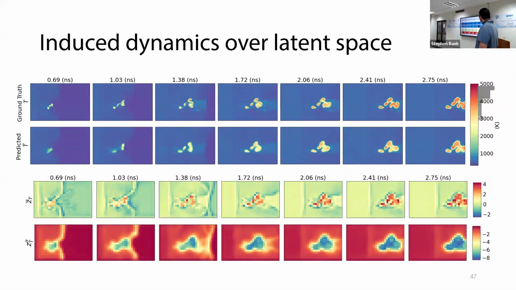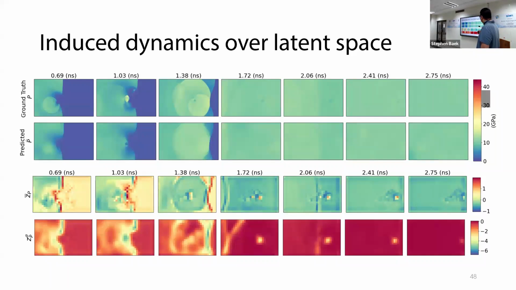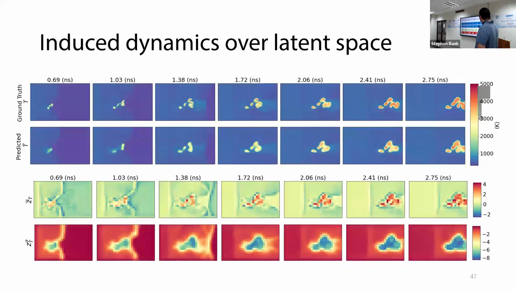Somehow I think the dynamics of Z bar and Z_P sigma are capturing those little blobs, because we have to predict the evolution of the temperature and so on and so forth. But I think there's room for further investigation.